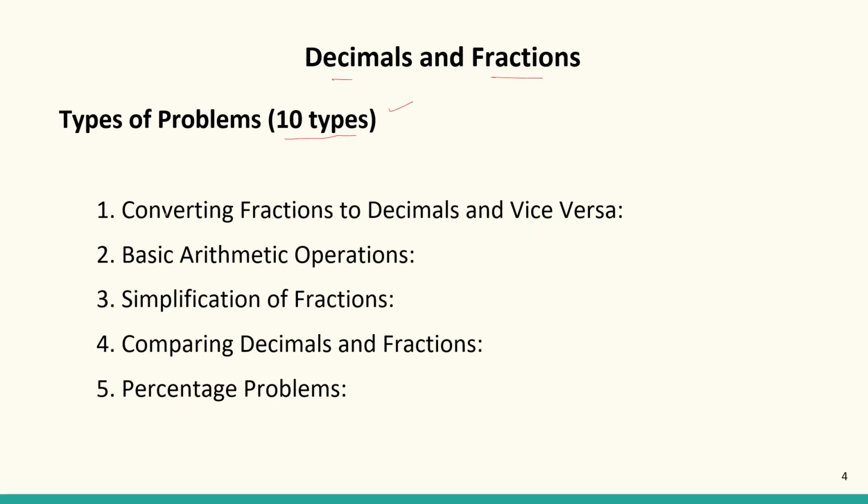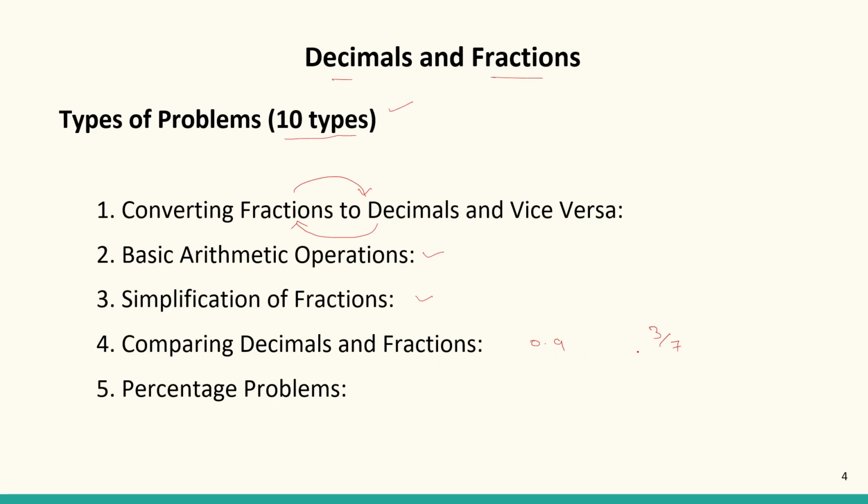The first kind is converting fractions into decimals and converting decimals into fractions. The second is basic arithmetic operations, and there are some questions on simplification of fractions. And there are comparing decimals and fractions. It will be something like: you have 0.9 here and a fraction like 3/7 here, and it will say compare these two.